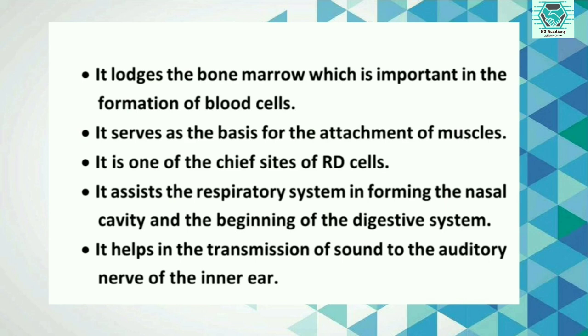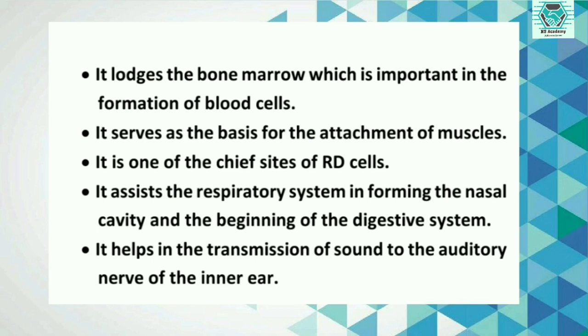Number 7. It serves as the basis for the attachment of muscles. Number 8. It is one of the chief sites of reticuloendothelial cells. The RE cells are very important for the immune system of our body.